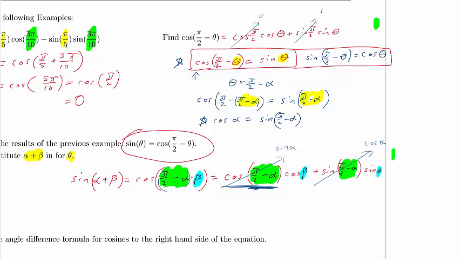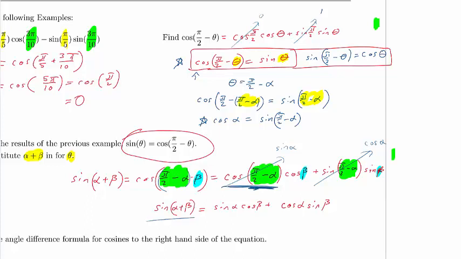So we can rewrite this whole thing as sine alpha cosine beta plus cosine alpha sine beta. And there it is. That's our angle sum formula. Pretty neat, if you ask me.